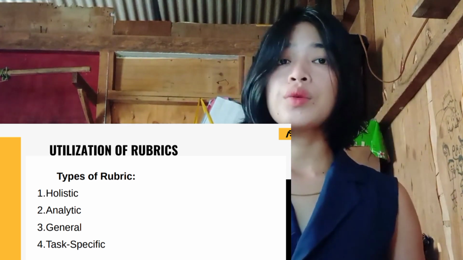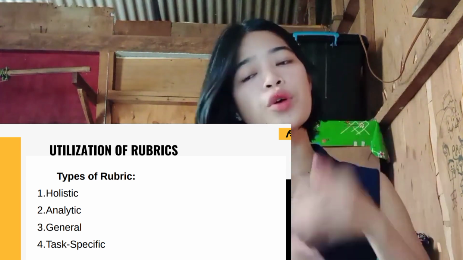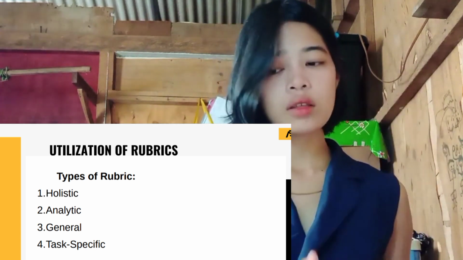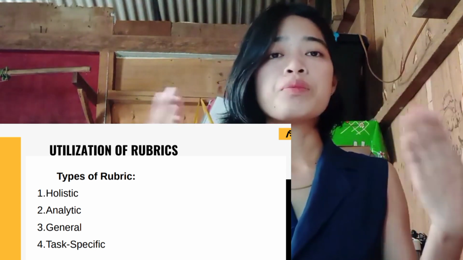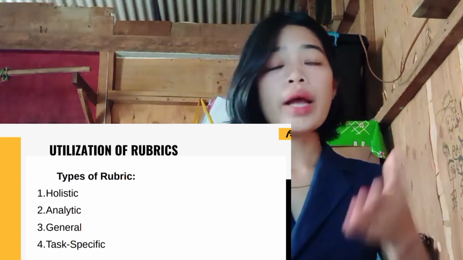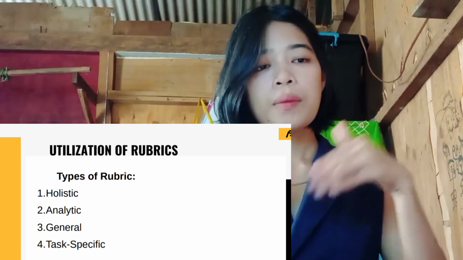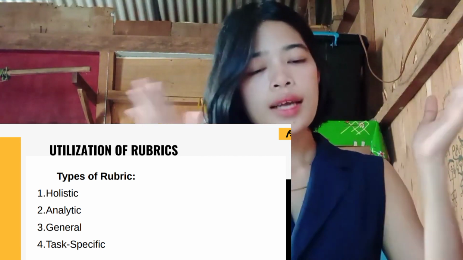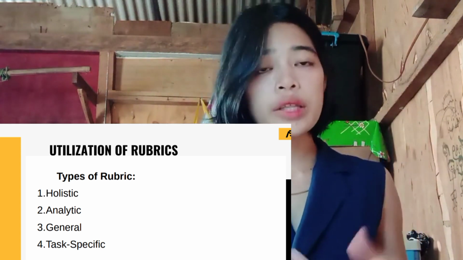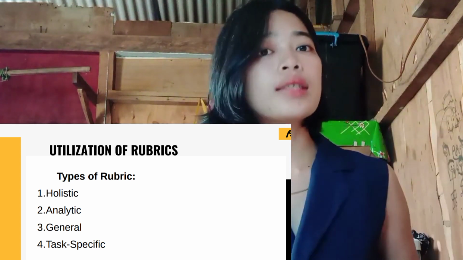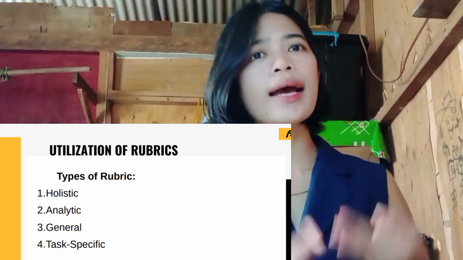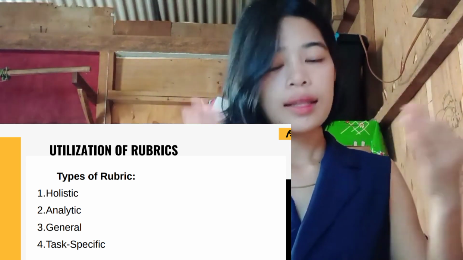Now, holistic rubrics are useful for providing a quick and general assessment of complex tasks where an overall judgment is more practical, while analytic rubrics are particularly useful for assignments that have multiple dimensions, such as essays, projects, presentations, and other complex tasks.